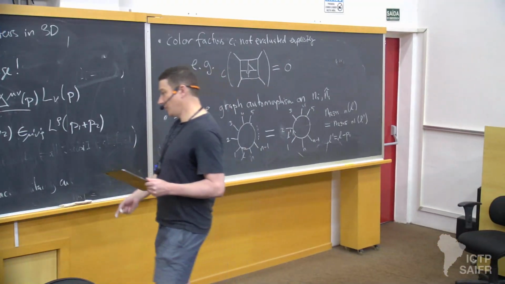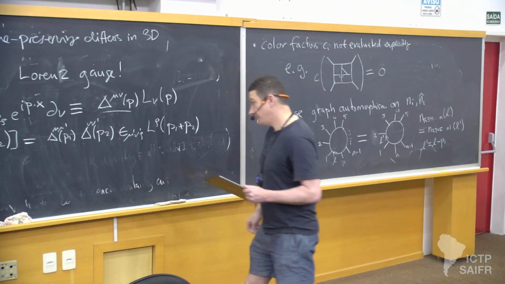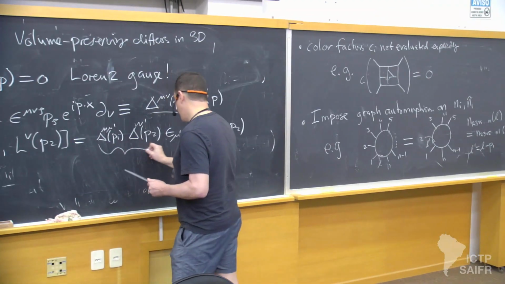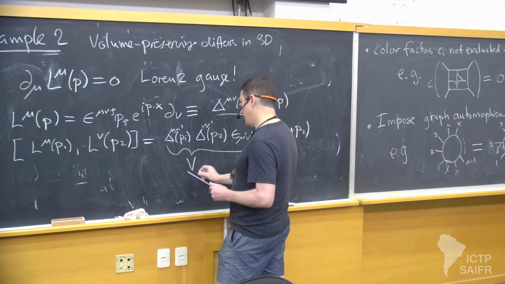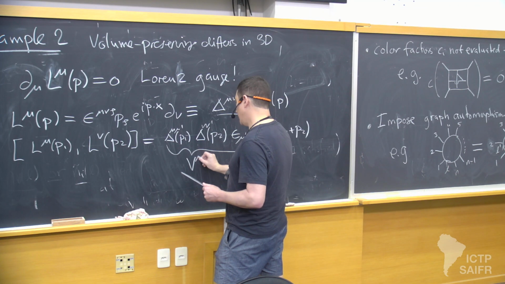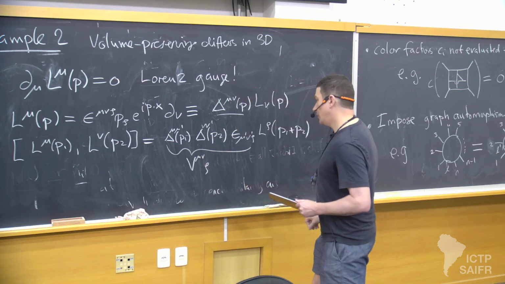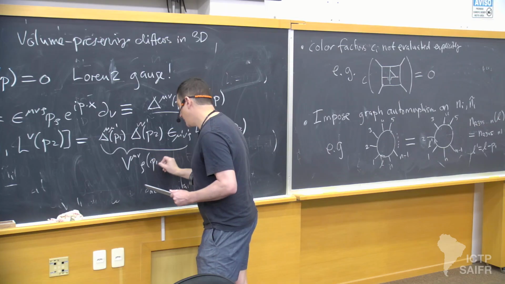You can check that you agree with this. Now the claim is that this should essentially be our Feynman vertex, our vertex mu nu rho, which is a function of P1 and P2.